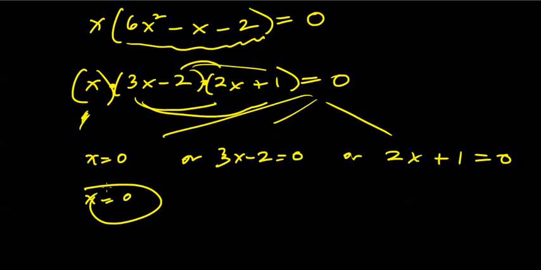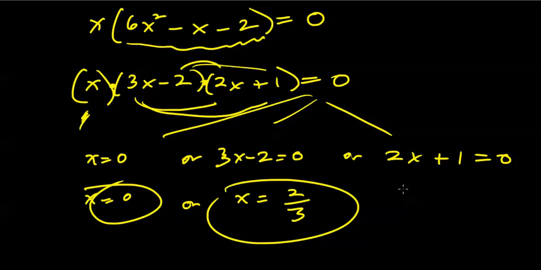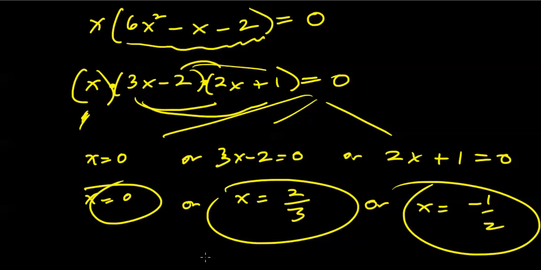And of course all these can be solved very easily now. So x equals 0, well, that branch is already solved, or x equals positive 2/3, or 2x equals minus 1, and then x equals minus 1/2 as a solution to that third branch. So here, notice I've got 3 solutions. Don't forget about x equals 0. Let me make that a little clearer over here.